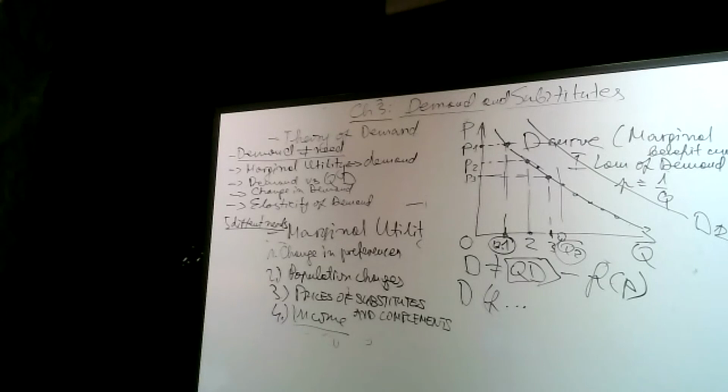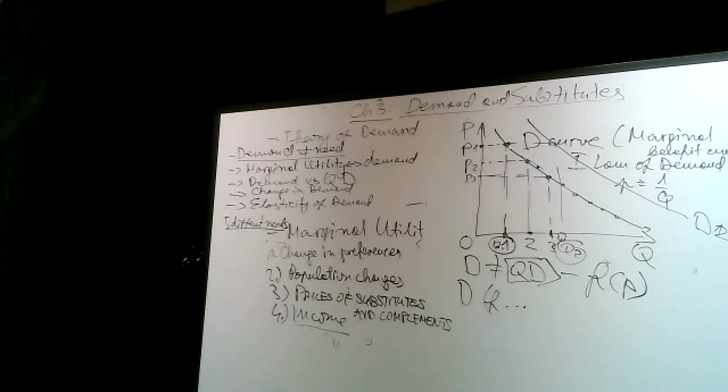The default position should be that as your income increases, the demand should increase as well. If you have more money or higher income, you're going to buy more stuff. In some cases this increase will be small, in some cases larger, but at any rate, the expectation is that in the case of most goods, demand for them will increase when the income of the population increases. However, that's not always the case.